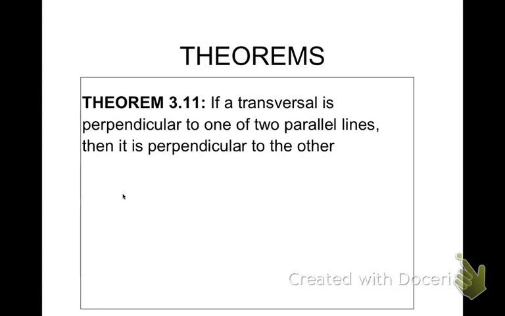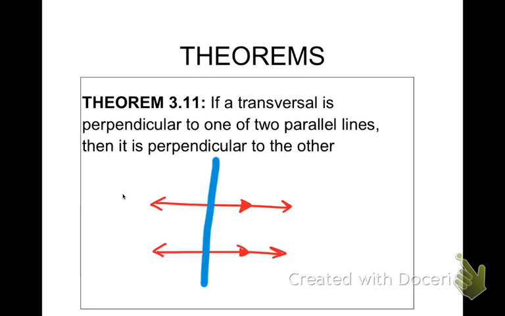So let's dissect this one. Here is a line. Here is another line. What markings do we put on them to show that they're parallel? The little arrows. Good. If my transversal, which I'll make green here, ended up being perpendicular to that first line, what degree would be the angle that my arrow is pointing to?